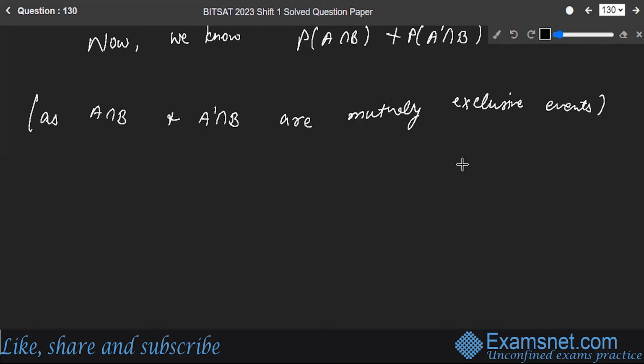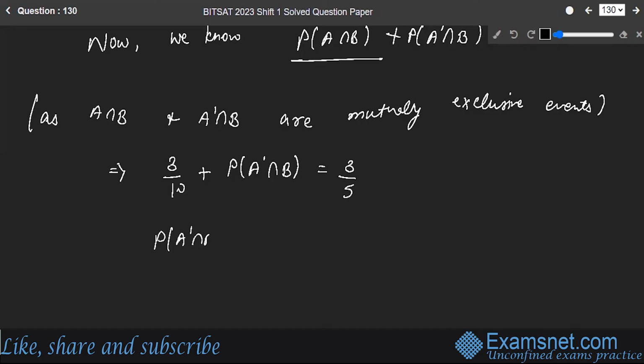So let's use this equation again. This will be equal to 3 by 10 plus probability A complement intersection B. This is equal to 3 by 5. Or this is equal to 3 by 5 minus 3 by 10, which will give you 3 by 10.